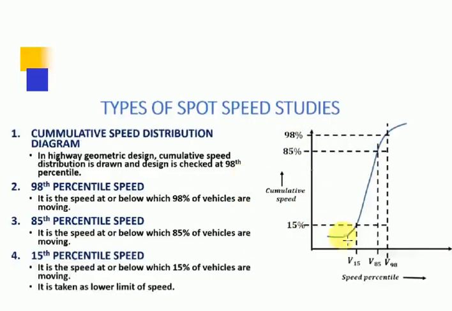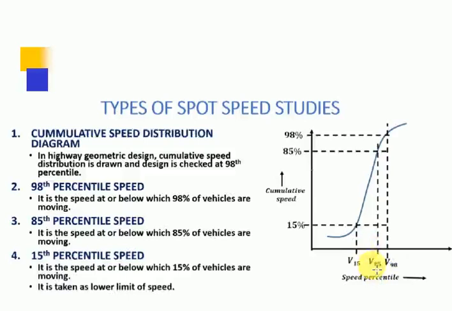These are the percentages considered for design, and different percentiles have different functions. Suppose 85 percent. From the diagram we can determine from this point my speed V85, that is the 85th percentile speed.